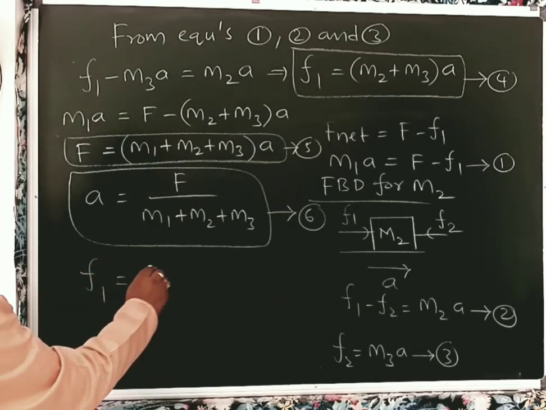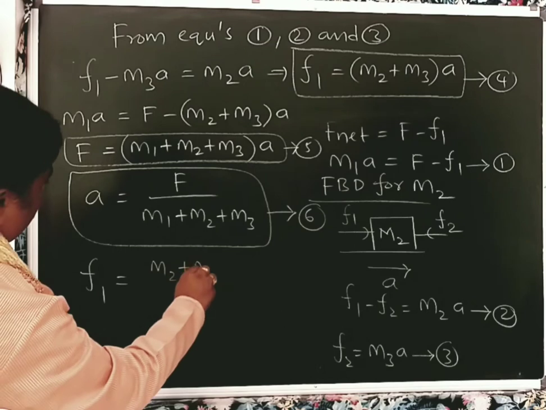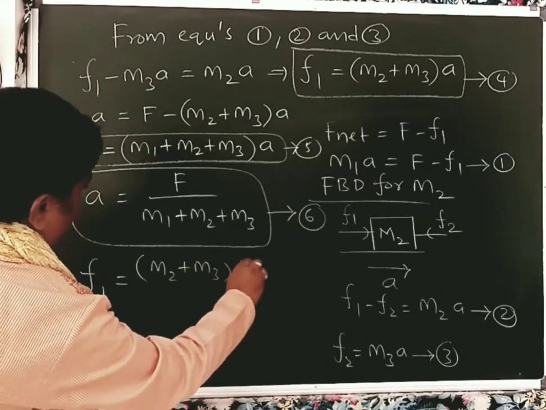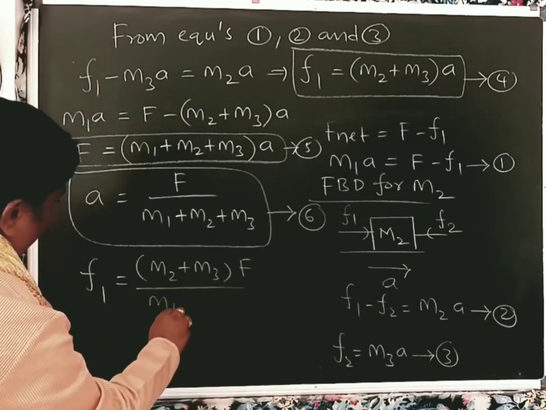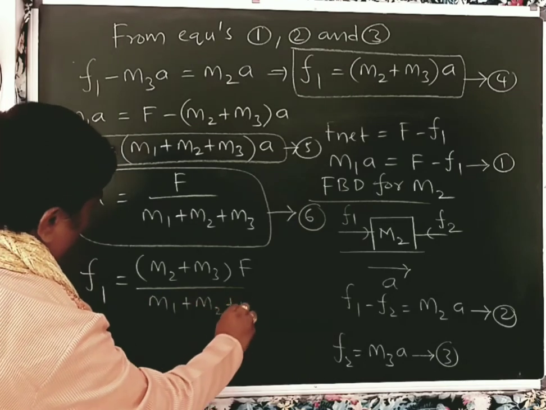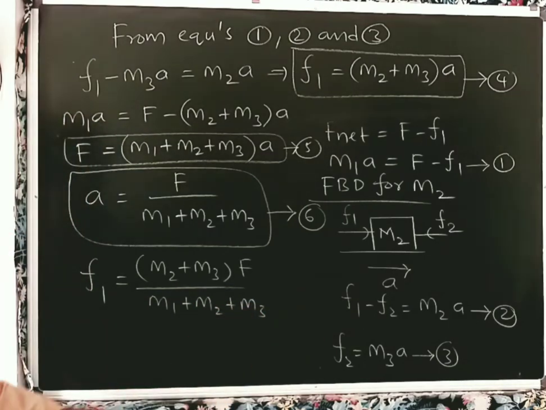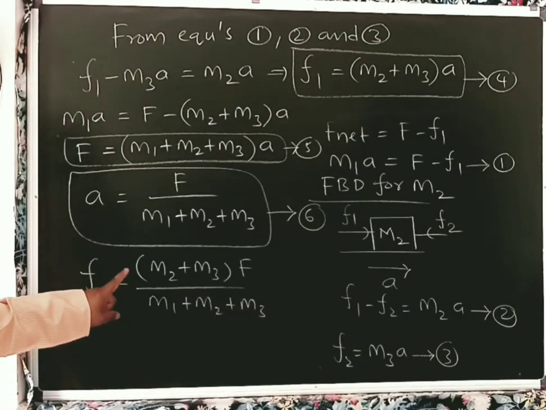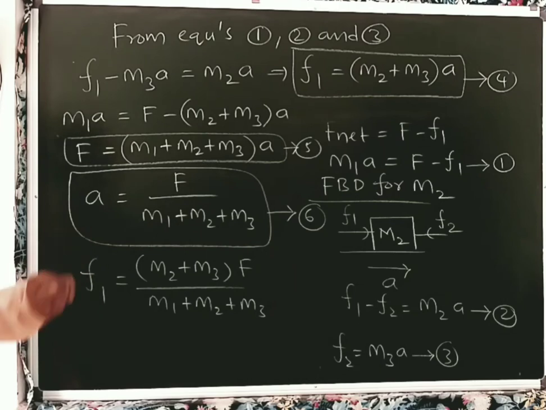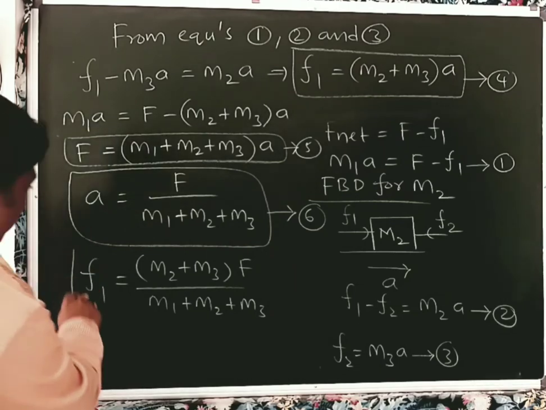F1 is equal to (M2 plus M3) into F by (M1 plus M2 plus M3). This is the expression for the first contact force, exerted by M2 and M3 on M1. This is equation 7.